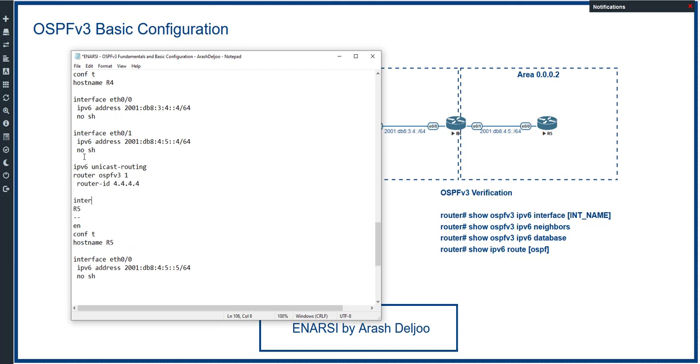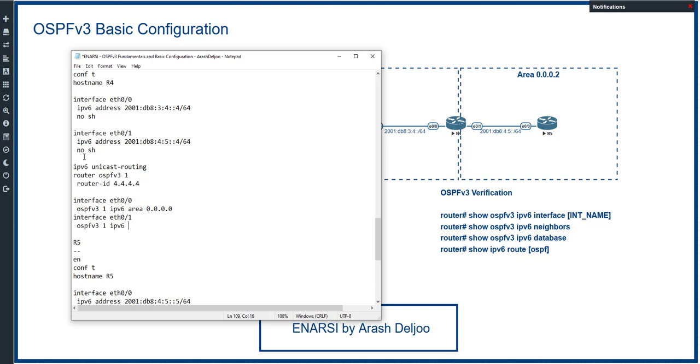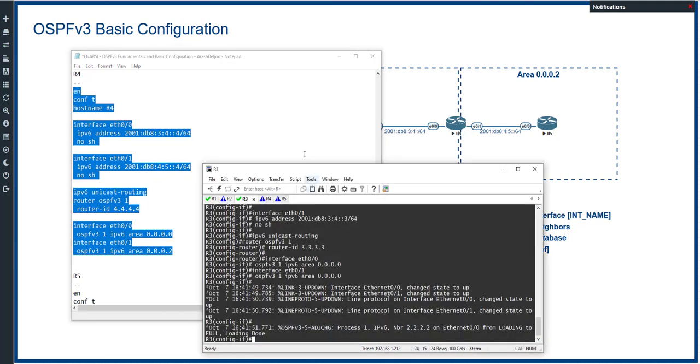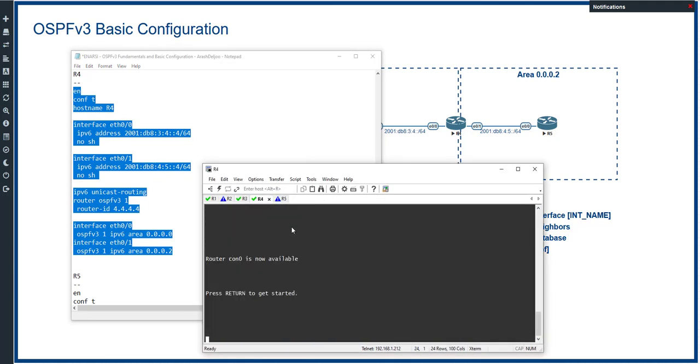Then over the interface ETH00 we should configure OSPFv3 process ID 1 IPv6 area quad 0, the first interface. Then interface ETH01, and after that OSPFv3 1 IPv6 area 0.0.0.2. That's it. This is the configuration of the router 4. Let me copy this configuration and paste it on the R4 CLI.